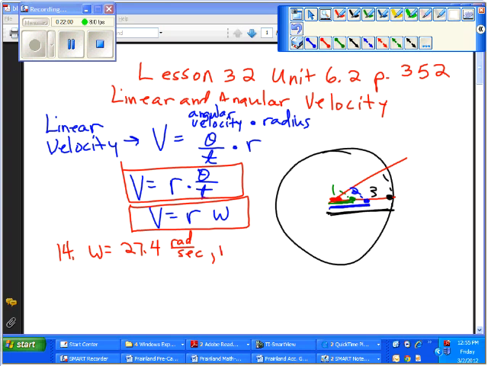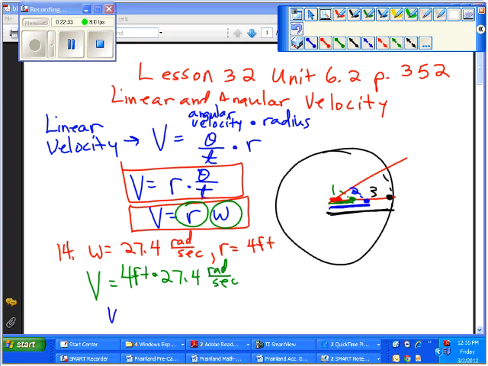And we have that the radius is 4 feet long. They gave us radius and angular velocity, so we just stick them straight in. So linear velocity v is equal to angular velocity omega, 27.4 radians per second, times radius of 4 feet.